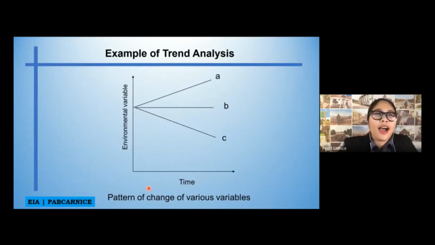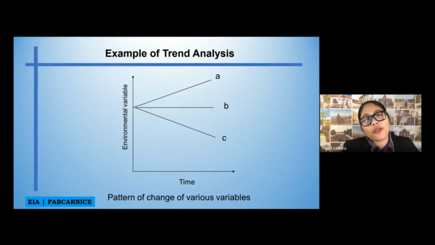This is an example of a trend analysis in which you can check if there is a pattern of change on specific variables based on the possible impacts of your study. However, with trend analysis, you can know this after the project is being implemented.